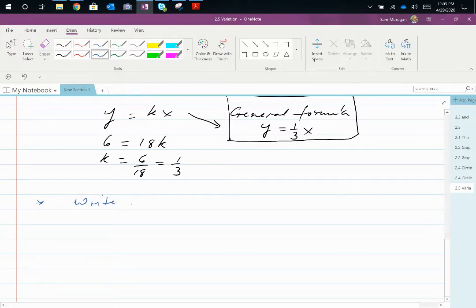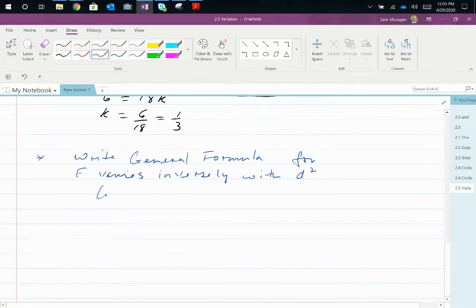Write the general formula for F varies inversely with d squared, given F is equal to 10 when d is equal to 2.